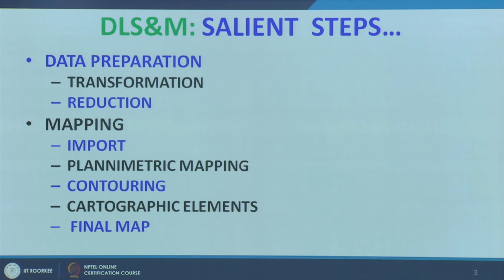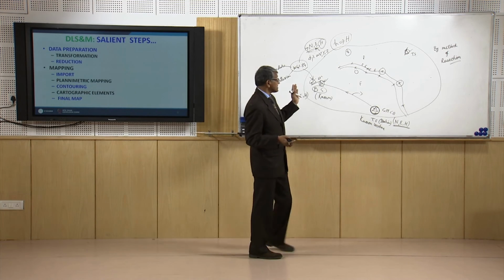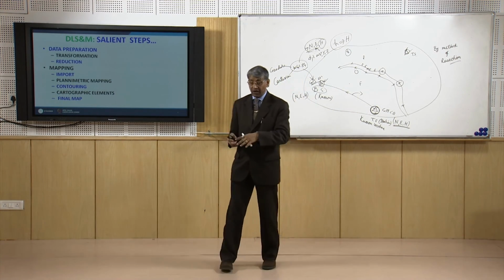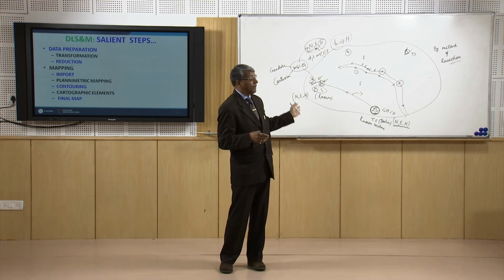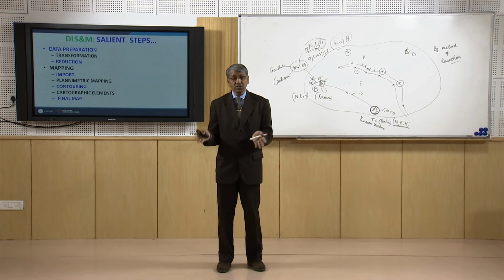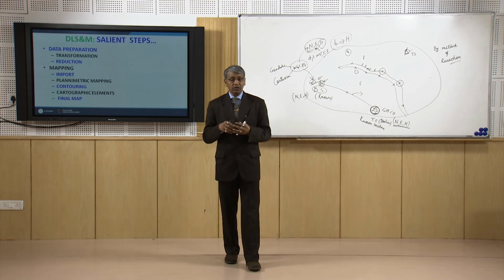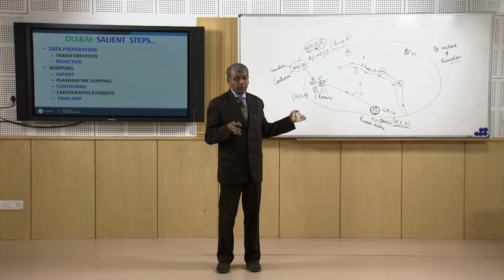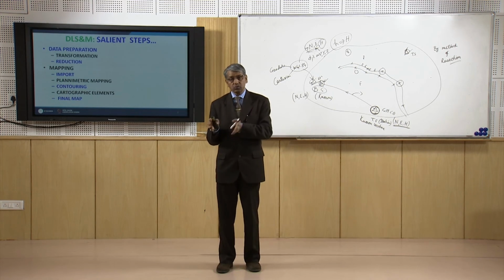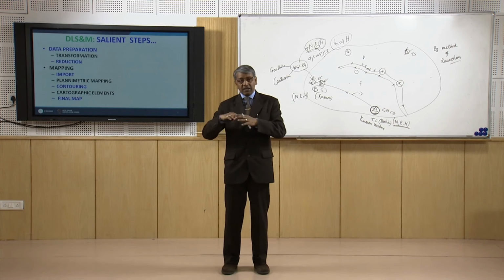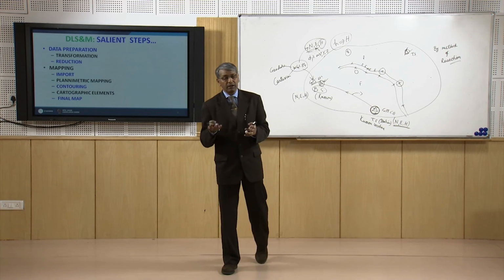Before we say that our map is representing the field appropriately, we have to compare our map with the actual field and see whether all the objects and features which we wanted to represent are available here or not, and whether the contours which we have represented in our map really represent the type of topography that we wanted to represent.